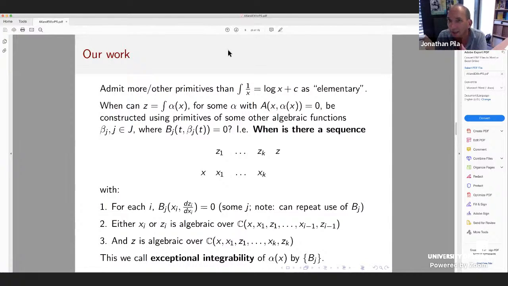I also haven't specified which branch. So in this area, there can be issues with branches, but I haven't restricted which branch I'm using. And it's actually a fact that you can prove through differential algebra that I have specified alpha as being a particular algebraic function, but if alpha is exceptionally integrable using the b's, in other words, using some branches, then in fact any other branch alpha of the relation defined by A is also exceptionally integrable.